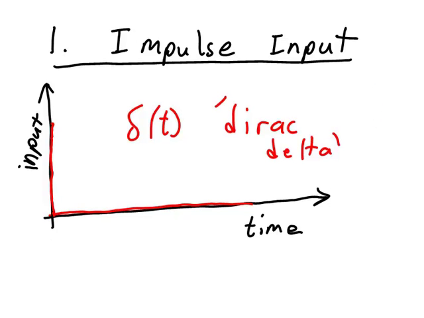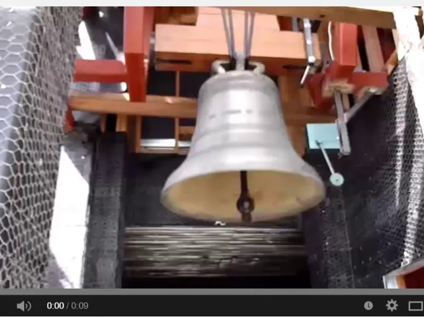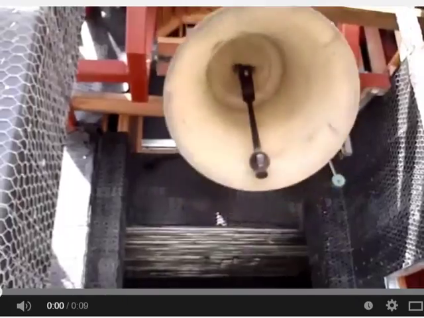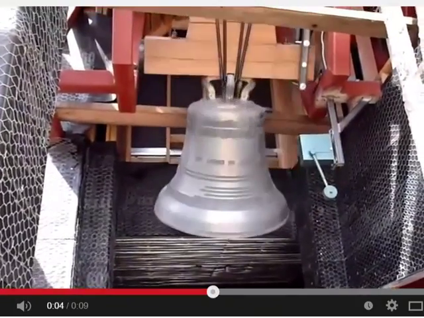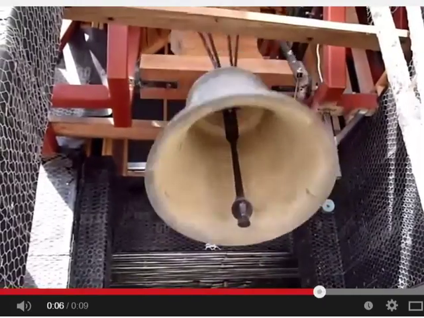For now, I'd like to try and make the connection between this kind of an impulse input and what we would see in real life when we have an impulse input to a system. An impulse function is any kind of quick, high magnitude signal. For example, the clapper striking a bell is an example of an impulse input.